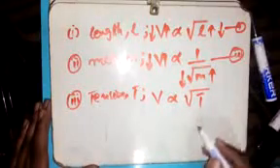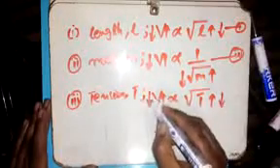That means if the tension is high, the speed is high. If the tension is low, the speed is also low. Therefore, we have three equations here, as you can see. V is directly proportional to the square root of L. V is inversely proportional to the square root of M. V is directly proportional to the square root of T.